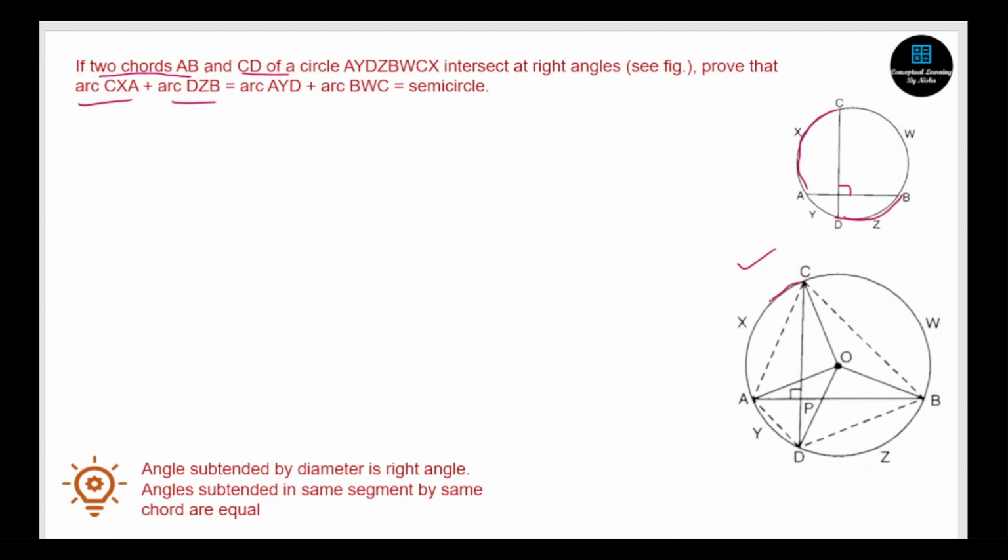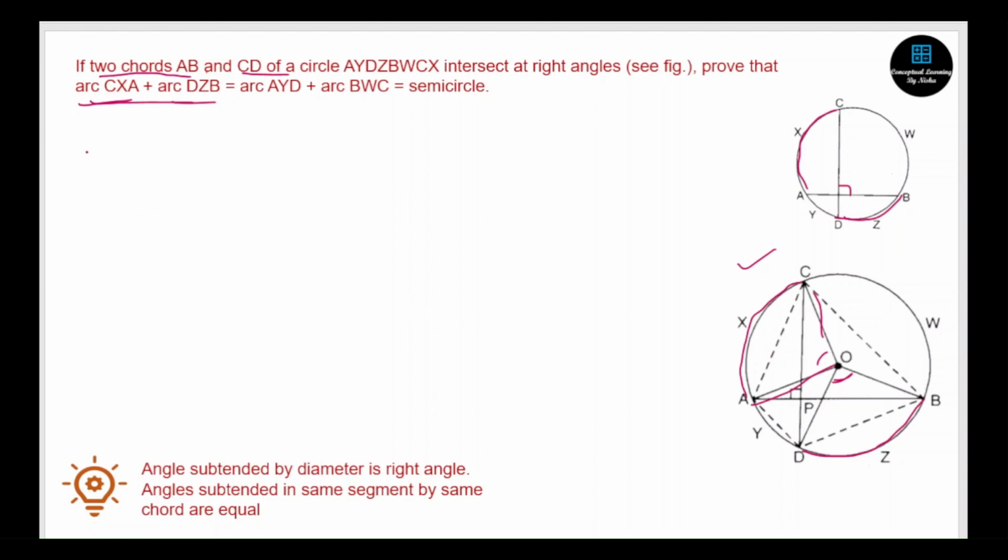This arc CXA subtends the angle AOC at the center. Similarly, arc DZB subtends angle BOD at the center. If I prove that the sum of these two angles is 180 degrees, then I can say that these two arcs make a semicircle. I hope you get what to prove. So now let's do it.